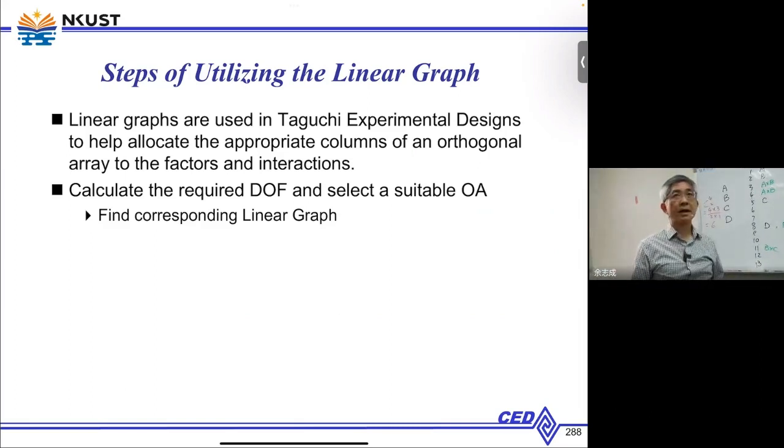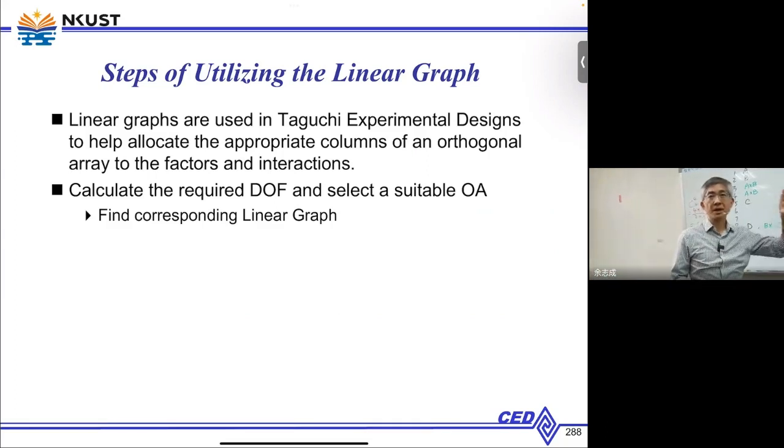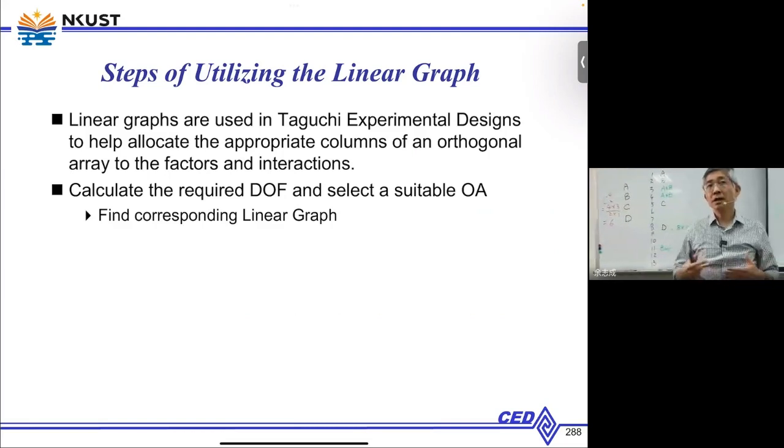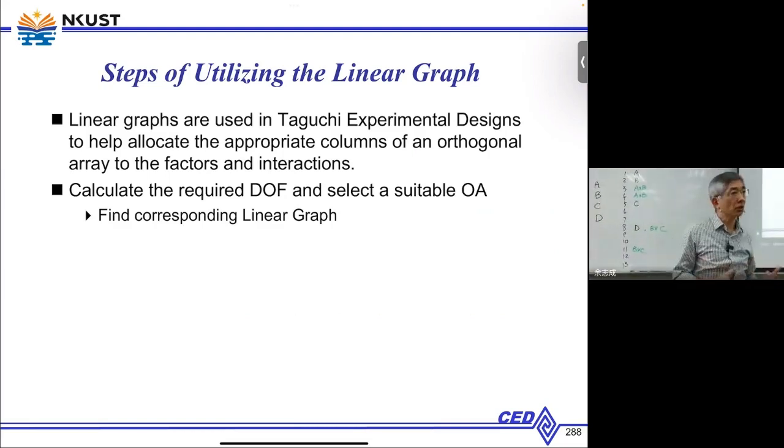If your design needs to estimate some important interactions, there are more unknowns in your model. As I mentioned before, the main effects are some unknowns, which is true in the linear additive model, right? But if you want to analyze your interactions, the interactions will be additional unknowns.